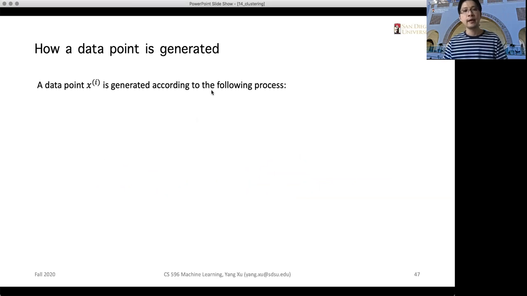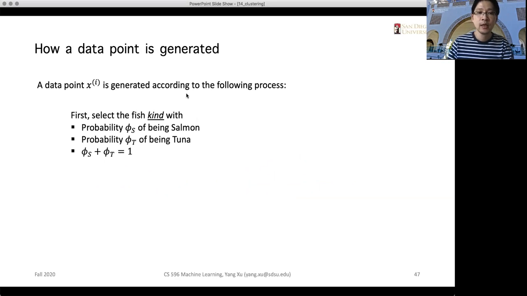Now, as we described before, a data point is generated according to this process. First, we need to select the fish kind, which kind of fish it is from. We use phi s to describe the probability that the fish is from salmon, and phi t for tuna. So it is just the Q1 to Qk that we described two slides ago.